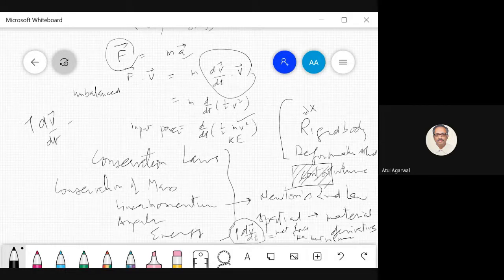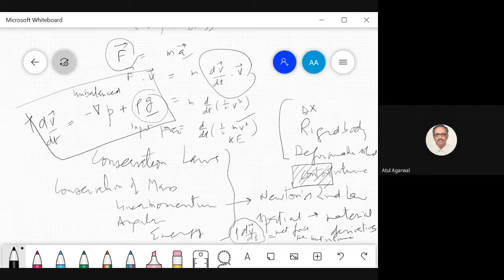I told you if there is a pressure field, you will say minus gradient of P. That is a force applied by a pressure field. If there is some gravitational field, plus rho g. This is gravitational force per unit volume. So this is one equation which is known as Euler's equation for fluid motion. So we'll carry on.